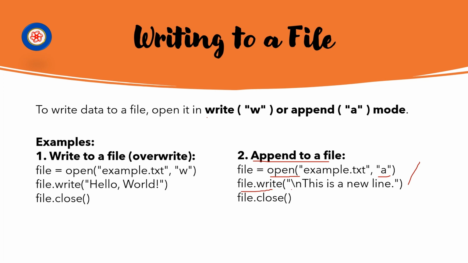Here, \n, which is a new line, is the string that will be written to the file. The \n character adds a new line before the text, ensuring that the new text is added on a new line rather than continuing on the same line. Lastly, it's important to close the file to ensure that all data is properly saved and to free up resources.